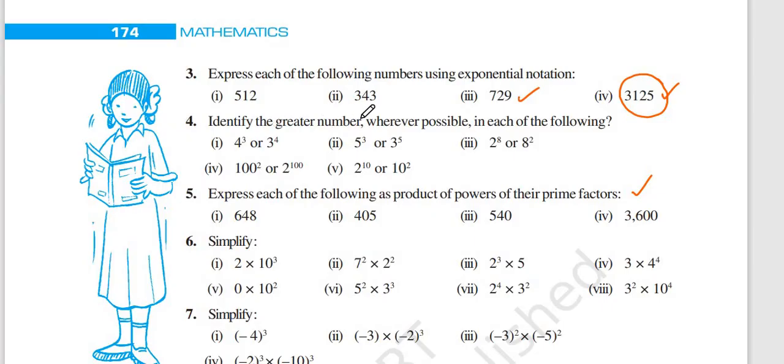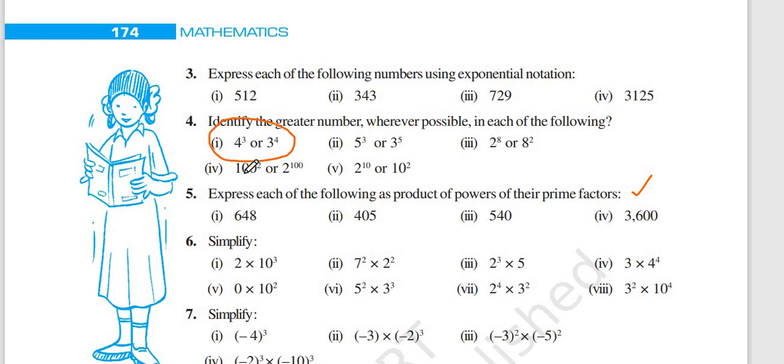Next one is to identify the greater number wherever possible in each of the following. Here in first question, 4 cube or 3 to the power of 4. In these two, which is greater? 4 cube is greater or is 3 to the power of 4 greater?